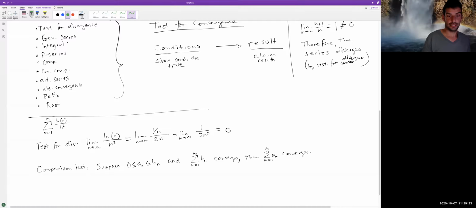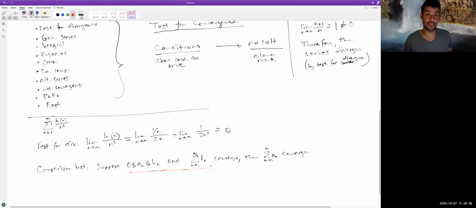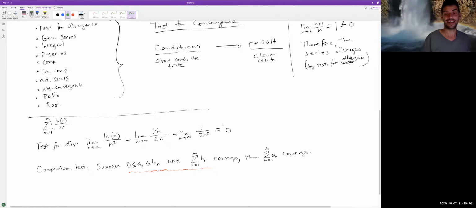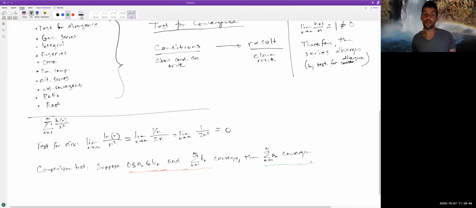So here are our conditions. We have to have two sequences, one that's smaller than another, and we know that the series built out of the bigger sequence converges. Then here's our result. We know that the series built from the smaller sequence must converge.